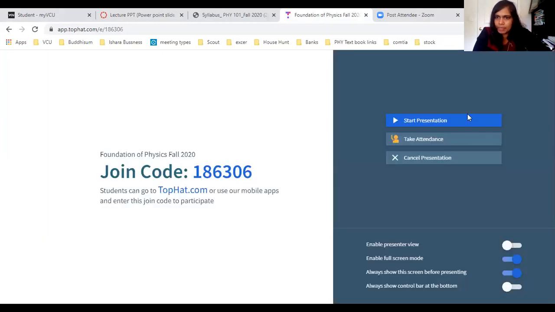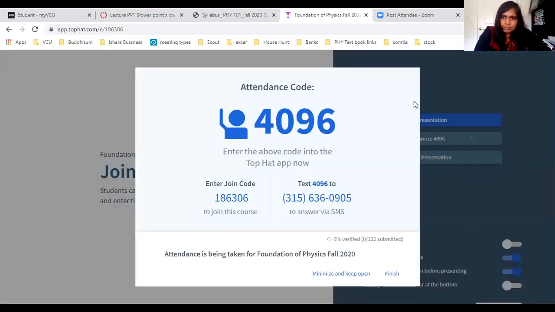Professor, my Top Hat has erased your class and it won't let me search for it, and I don't know what to do. It won't let me refresh either. It did that the last class as well. I didn't erase it, so it should be there. So we have to contact Top Hat help.